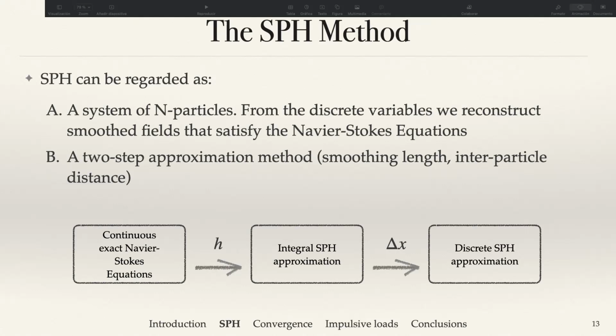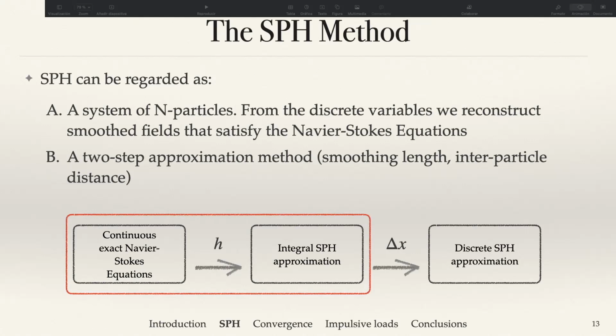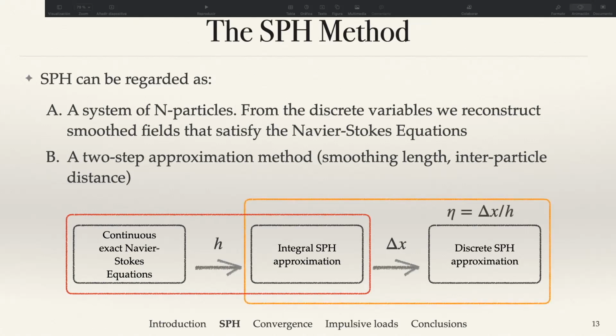Now, the focus of this thesis will be set on the study of the SPH formalism at the integral level. I will be showing several numerical experiments that we have carried out in order to verify the theoretical results. In order for the solutions obtained in these experiments to actually approximate the SPH solution at the integral level, we need the interparticle distance over smoothing length ratio, which I will in general call eta in the following, to be small.